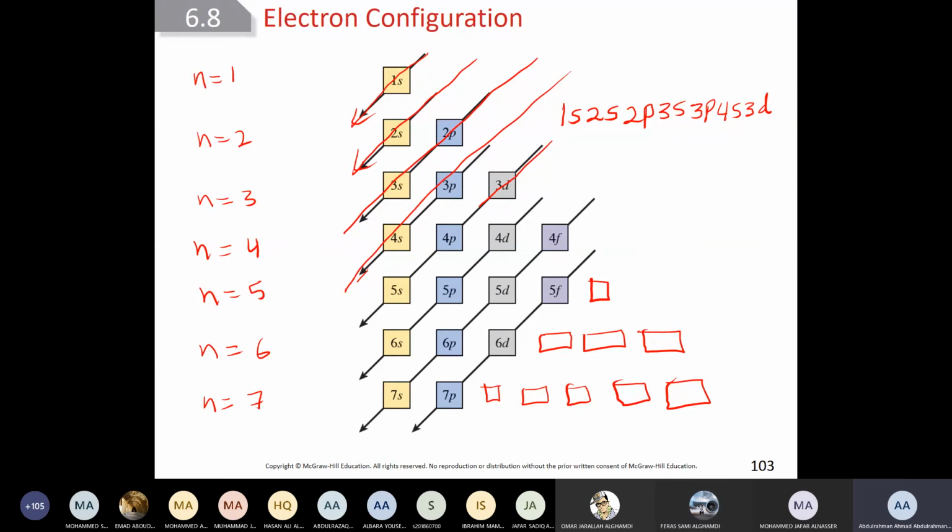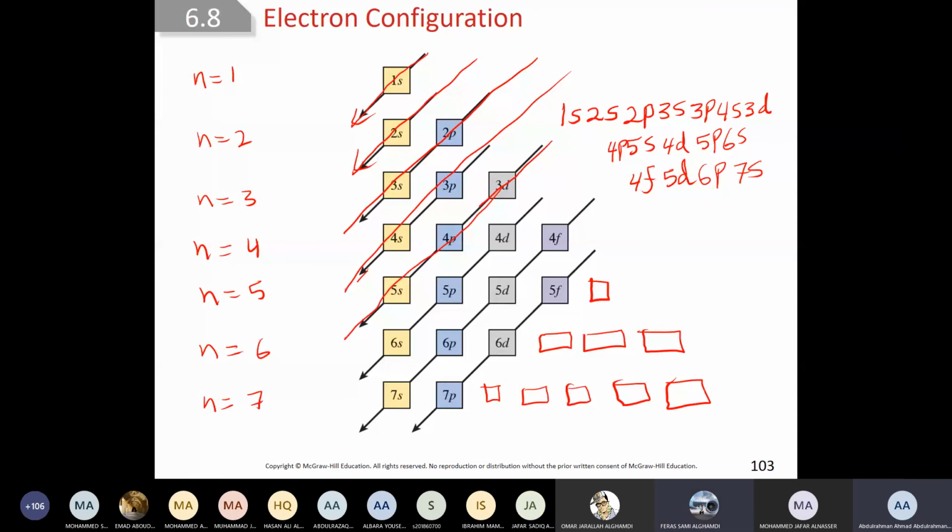What's after 3d? 4p, and then 5s, and then 4d, and then 5p, and then 6s, and then 4f, and then 5d, and then 6p, and then 7s.